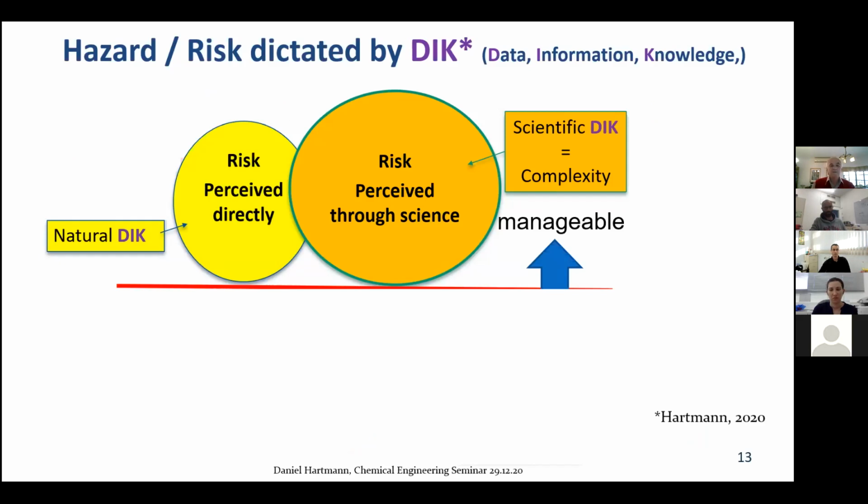And we have built in us knowledge and data about natural hazards and risks. If we go up to a very high place and look down, we immediately feel dizzy because our senses tell us it's dangerous. This was good until the end of the 19th century. From the end of the 19th century, science started to deliver very exact and good information.